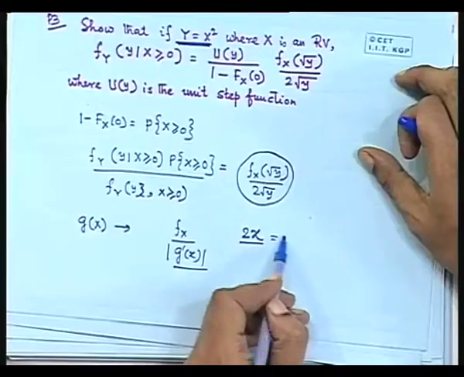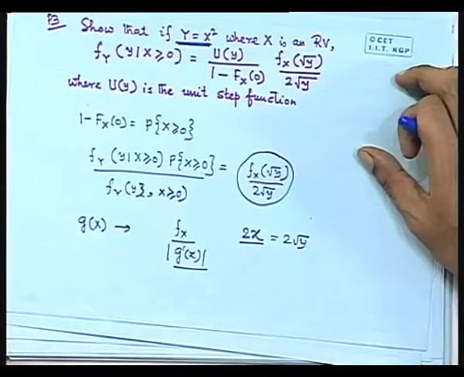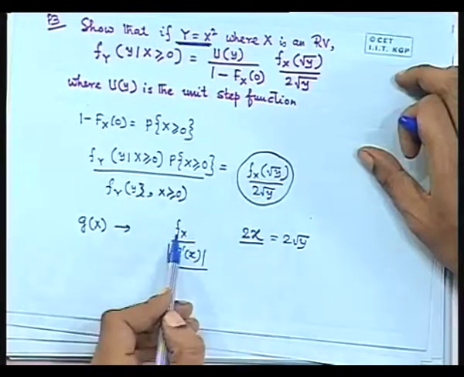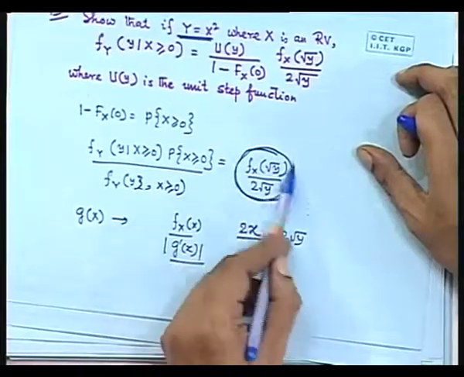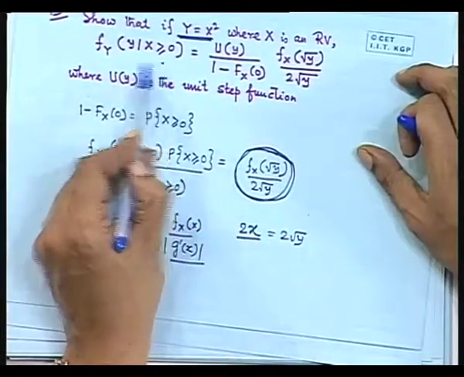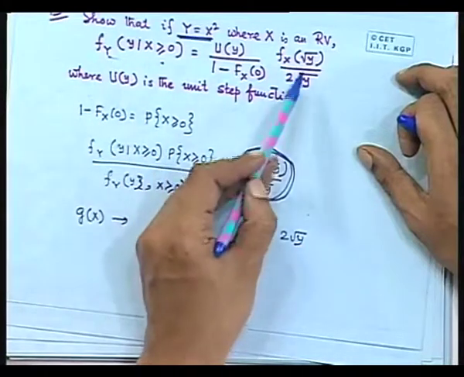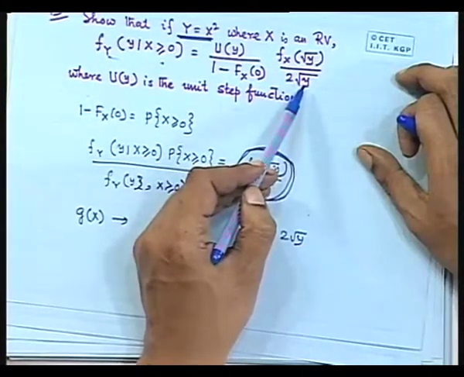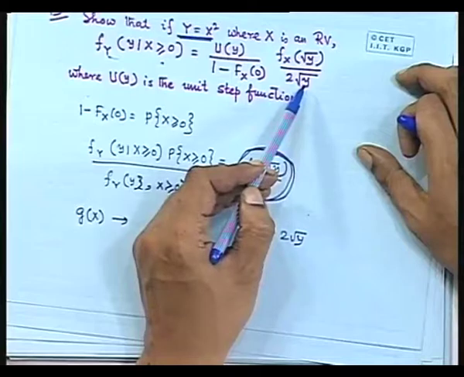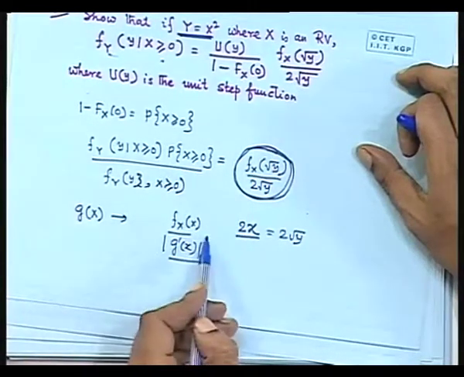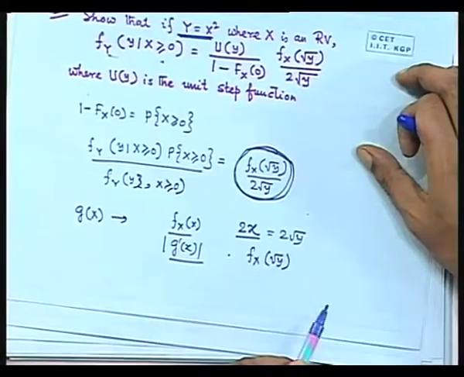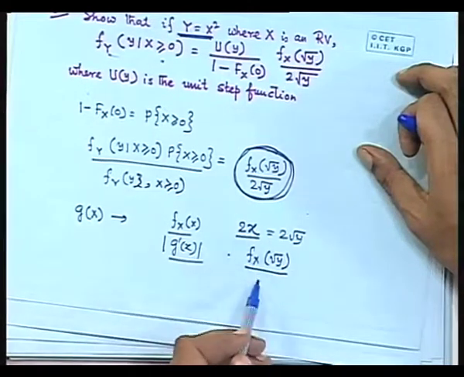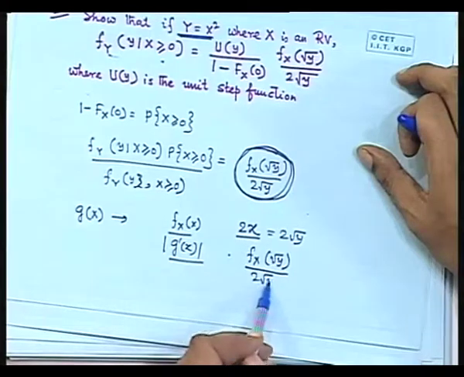is equal to 2 of root y, and what is fx? Fx of x is just this, expressed in terms of y. Since on the left hand side you have y, the same thing is expressed in terms of y rather than in terms of x. So what is fx of x? It is written as fx of root y, and at the bottom you have twice x, that is written as twice of root y.